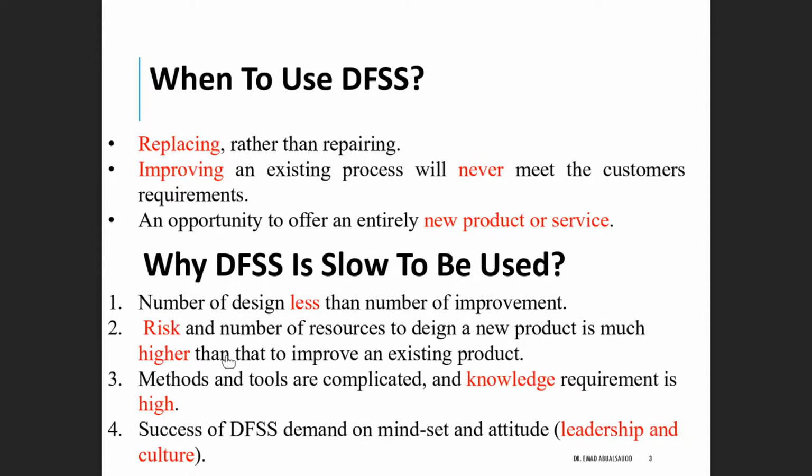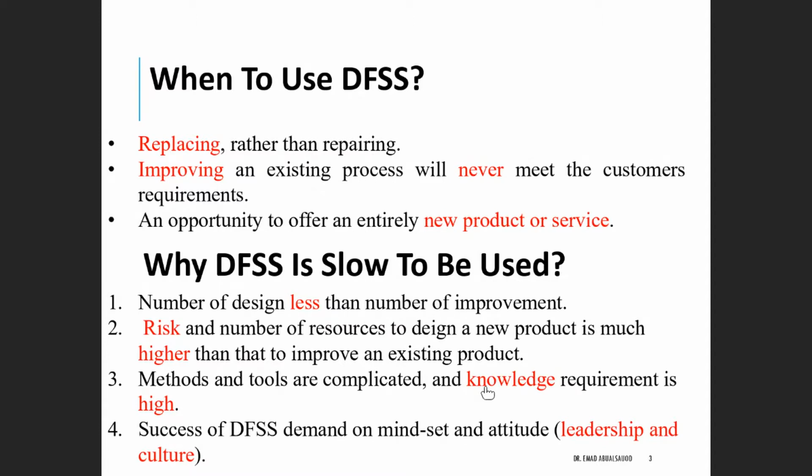The risk and the resources, like the amount of money, time, and material to start a new product, will be much higher compared to improving an existing product. The methods and tools are complicated and the knowledge requirement is high. You need more and more advanced tools in the design compared to the improvement one.